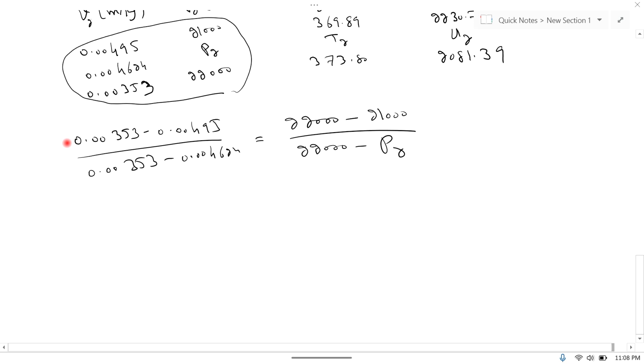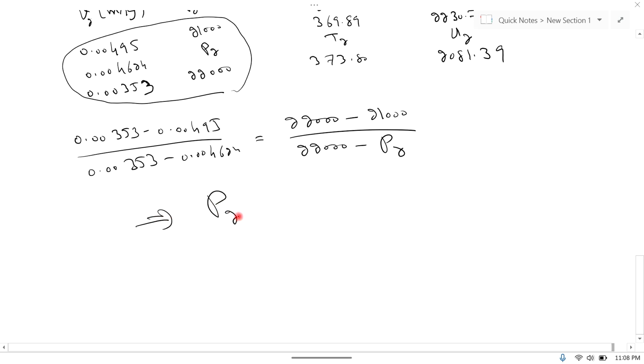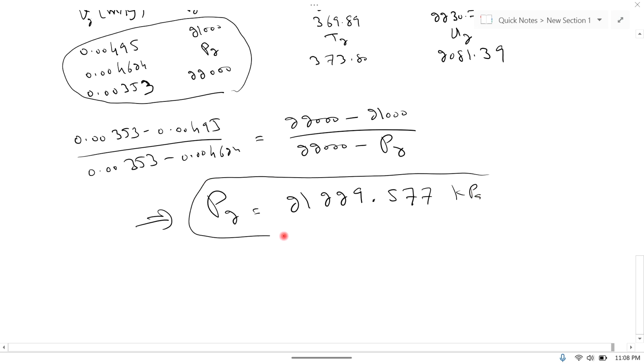Simplify this and find P2. The final pressure is equal to 21,229.577 kilopascal. If you want this in megapascal, divide by 1000.